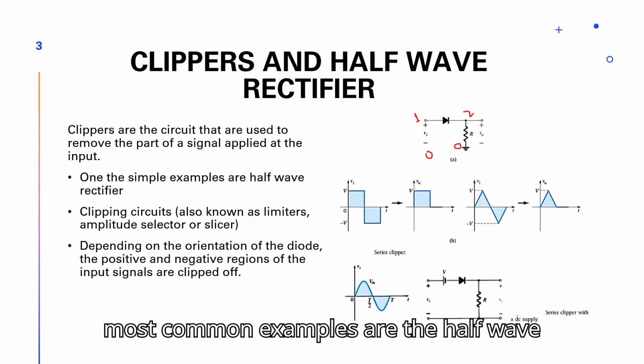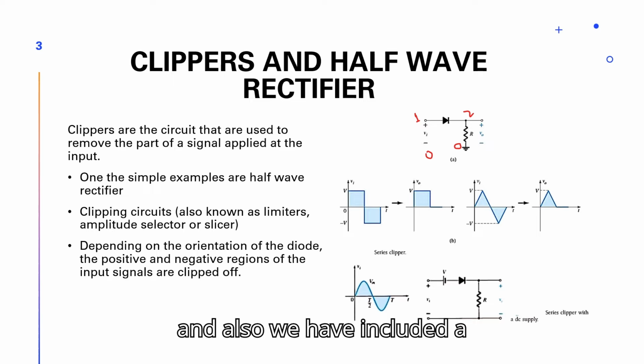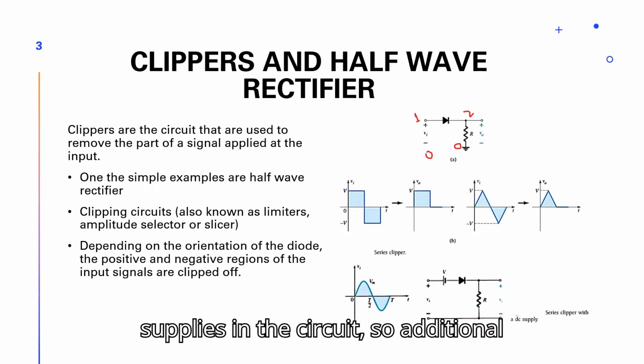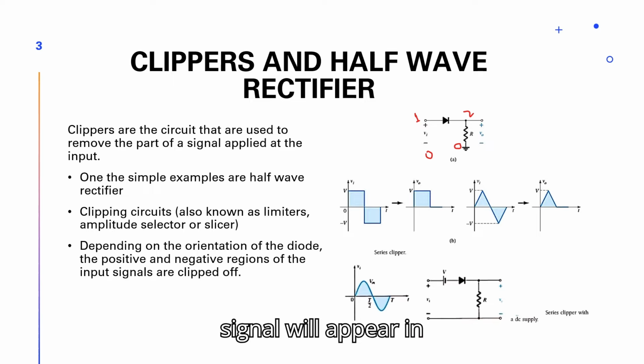Similarly, you can see over here that we are providing the sinusoidal wave, and also we have included a voltage supply in the circuit. So an additional signal will appear in the output wave with a voltage supply of V.